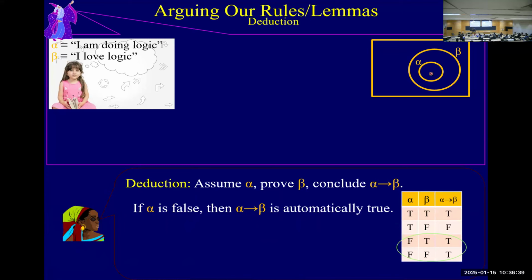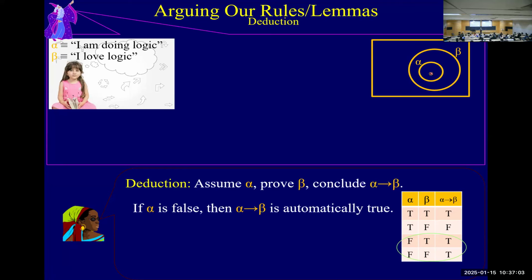Now I think we're going to later talk about proof by cases, right? But here, suppose alpha is false, right? Then alpha implies beta is automatically false, right? And so proof by cases, we got that one handled already, right?